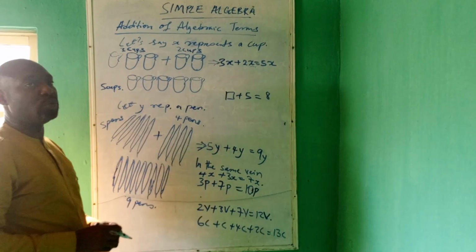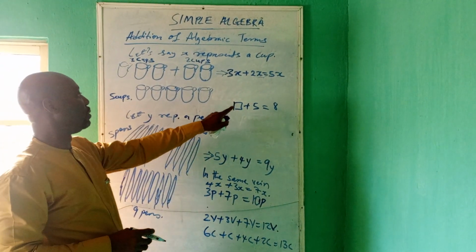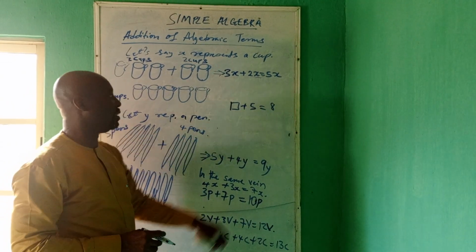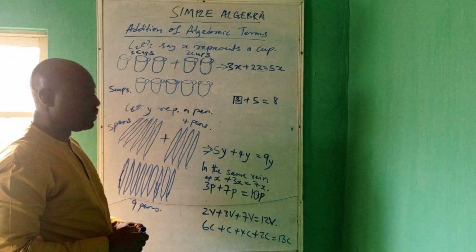And you will try, with your numerical skills, to know what we add to 5 to give you 8, and the answer is 3.